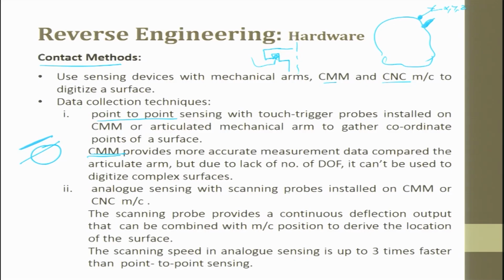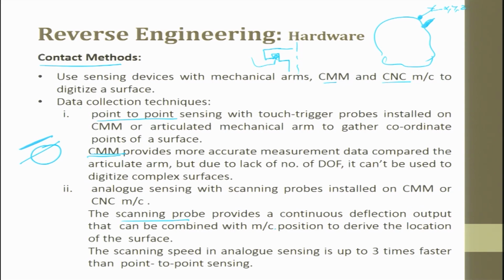Analogous sensing with a scanning probe installed on CMM or CNC machines is also available today. The scanning probe provides a continuous deflection output that can be combined with the machine position to derive the location of the surface. I discussed the scanning probe in the atomic force microscope: the probe moves up and down, the laser hits.